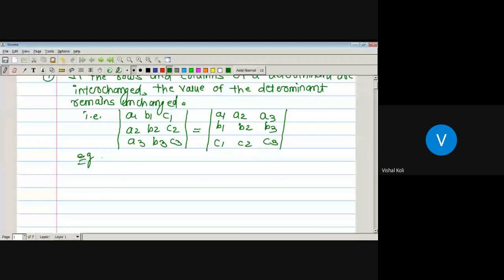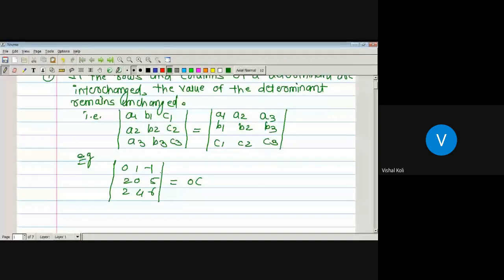Suppose we have a 3 by 3 order determinant having entries 1 2 0, 1 minus 1 2, 0 5 and 2 4 6. And if we find its determinant value, then 0 into anything will be 0.